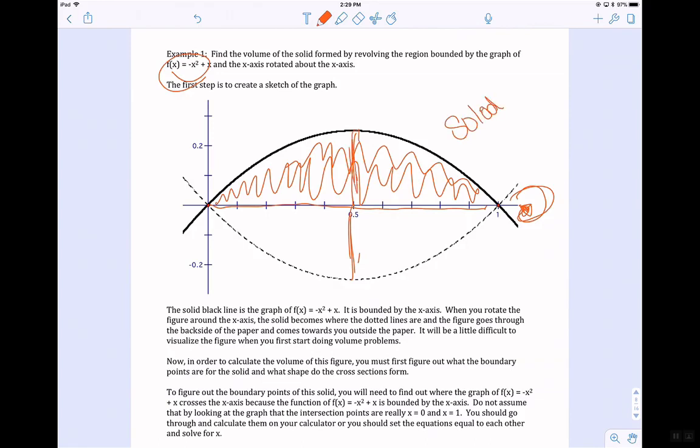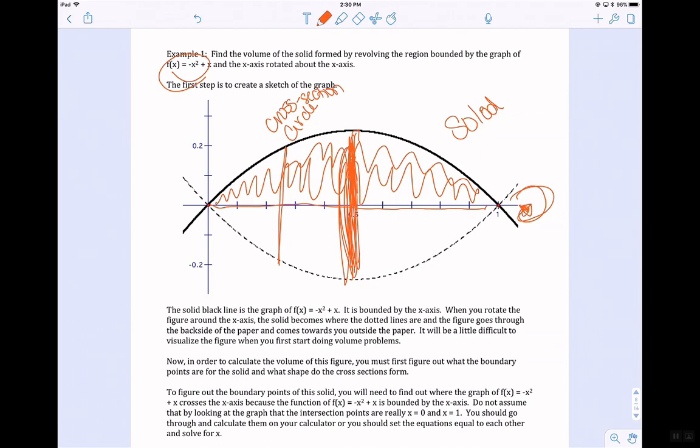Because this is coming out of the screen and going back through, if I were to draw a line and chop my little three-dimensional figure, my football, and look at the cross section right here, that figure is actually a circle.